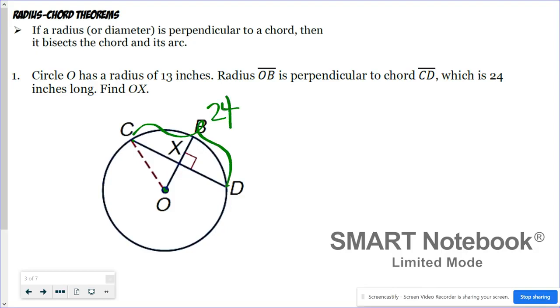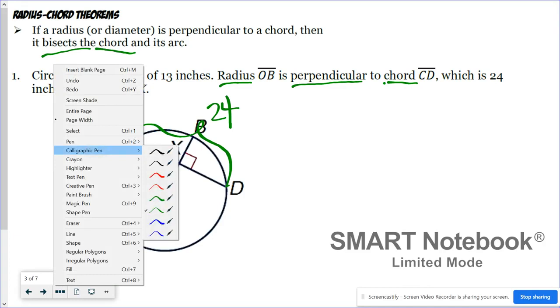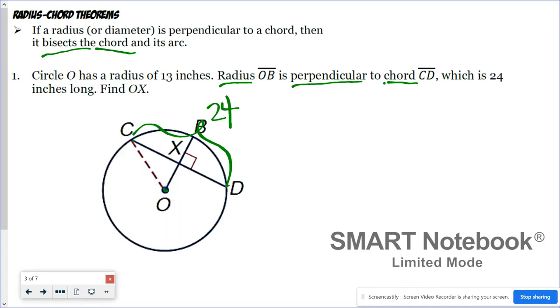Find OX. The fact that they're telling us that the radius is perpendicular to the chord means we can conclude that it bisects the chord. So CX is congruent to DX. Together, they make that 24-inch long chord, so each of them would have a measure of 12 inches.